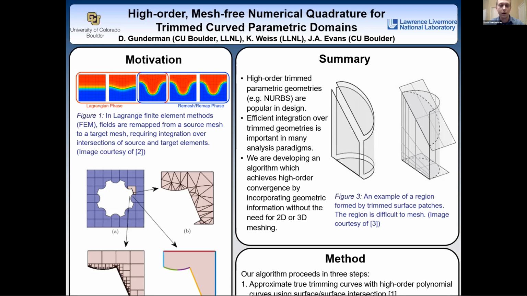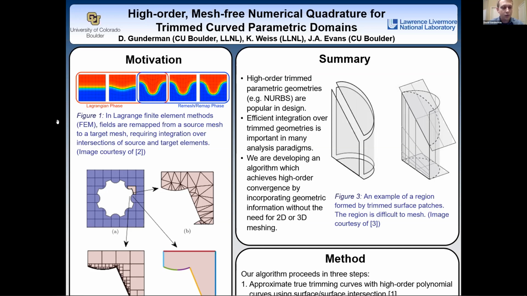So our goal is to develop a high order quadrature scheme which does not need volumetric or surface meshing. The general idea behind our approach is that we're going to rely on the generalized Stokes theorem and Green's theorem to transform the volume integral on the interior into a sum of line integrals along a polynomial approximation of the trimming curve.